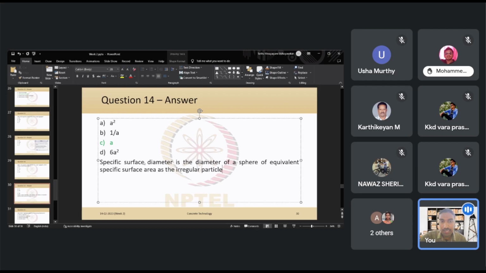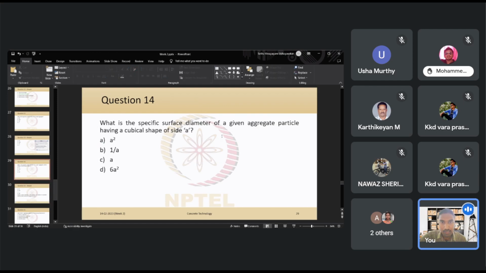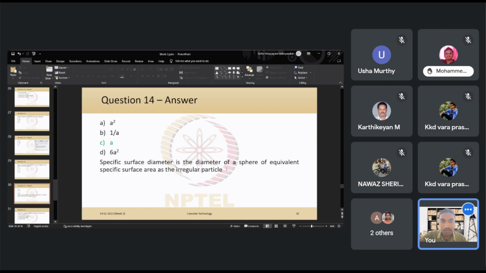So we are dealing with a particle with an irregular shape. In our case it is a cube. But we want to find the diameter of a sphere which has an equal specific surface area as this irregular particle. So that's what we need to find out.